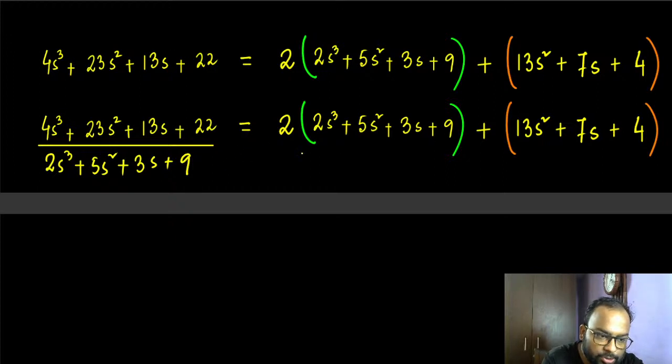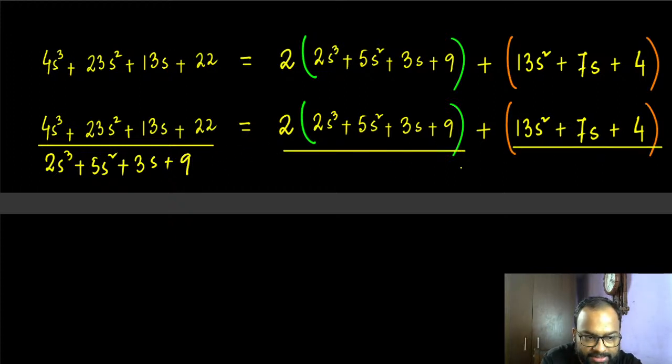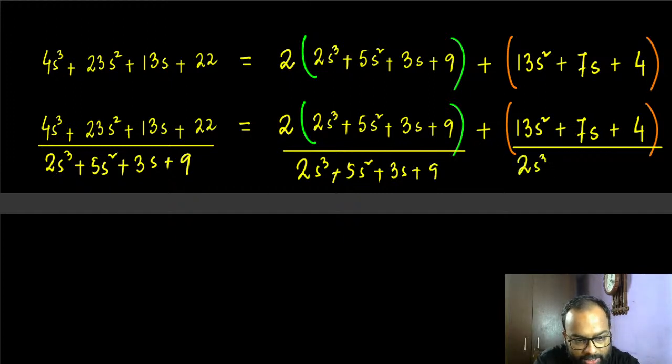Then this simply becomes 2 divided by that and this divided by that. So 2 divided by 2s cube plus 5s square plus 3s plus 9, and this also becomes 2s cube plus 5s square plus 3s plus 9.